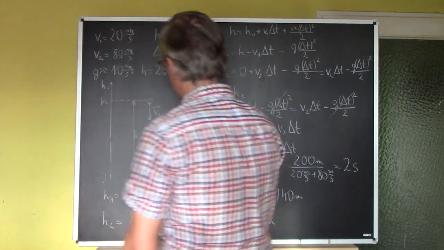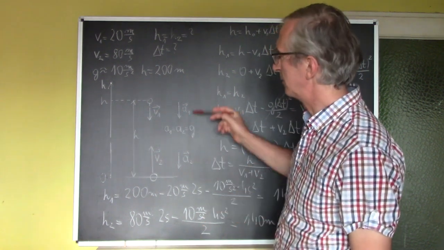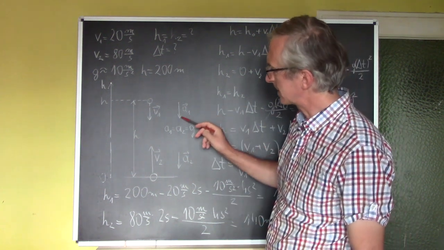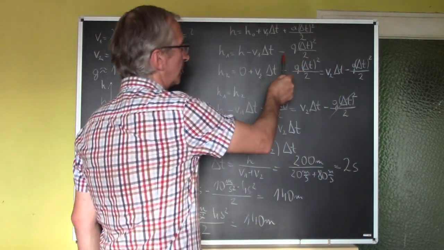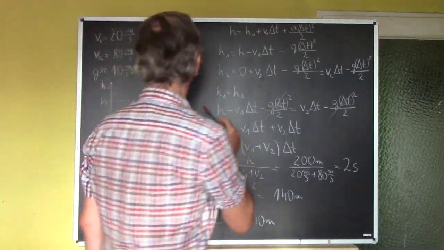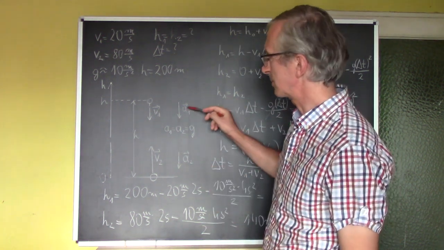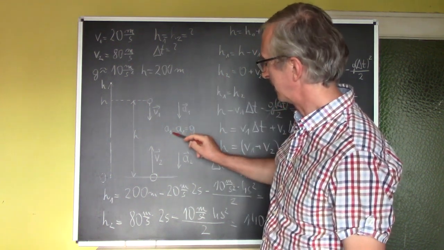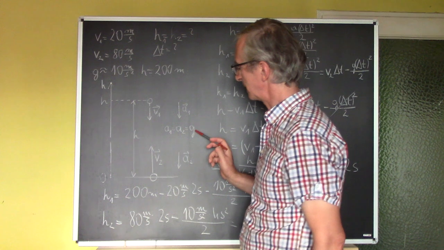And we see that the first body changes its velocity, so we have an acceleration vector, and we see that the acceleration vector is also opposite to the axis. So here we have minus, because the coordinate of the acceleration vector a1 is equal to minus the magnitude of this vector, and it is equal to g, the gravitational acceleration.